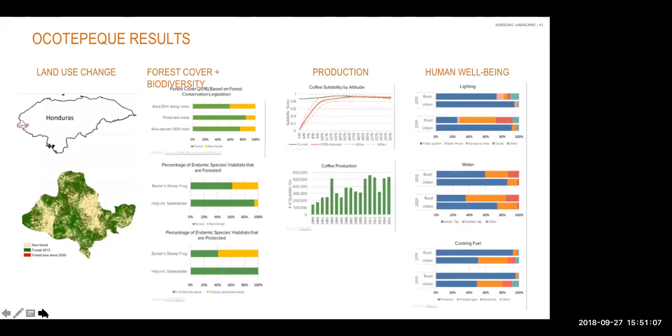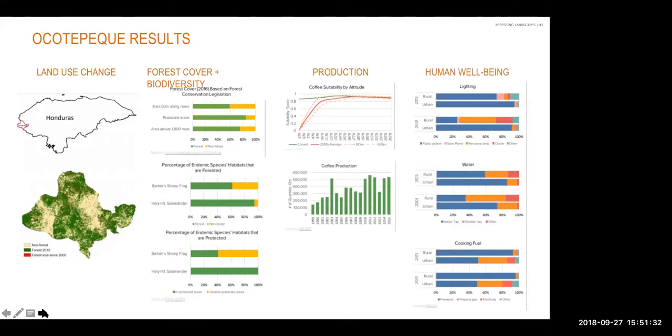So some of the results, and this is what those dashboards or cards look like at the end of the day. These are just some of the pieces out of it. On the front page, you'd see a large lengthy narrative, which we will not show, but on the back side, you'll see a lot of these maps and graphs. At the left side where you see land use change, you'll see a map of Honduras. This is the western portion, so where that little red area is what we're looking at.